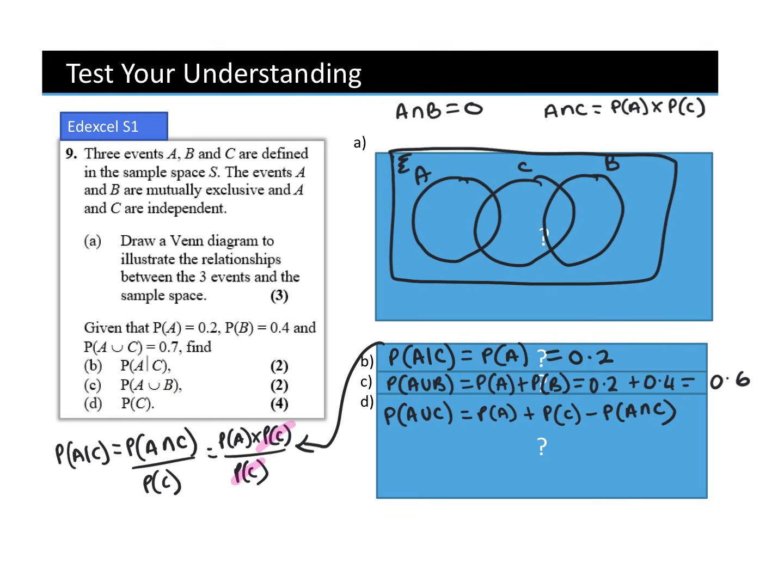So I'm going to write 0.7 here. Equals the probability of A, it told us in the question, 0.2.